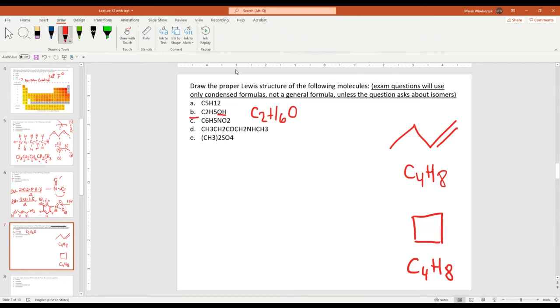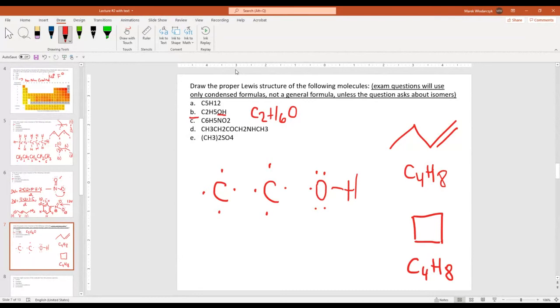So the Lewis structure of this molecule will look like this. You have a carbon and an oxygen. This oxygen, we know it's connected to hydrogen already from the general formula. Each carbon has 4 valence electrons. Oxygen has 6, but 1 is being used to form the oxygen-hydrogen bond, so you just draw 5 here.